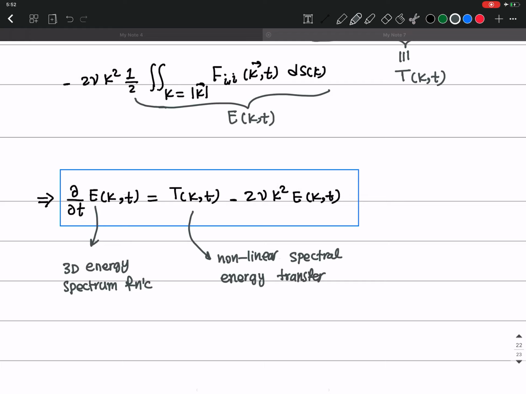And the last term is, of course, related to the dissipation.